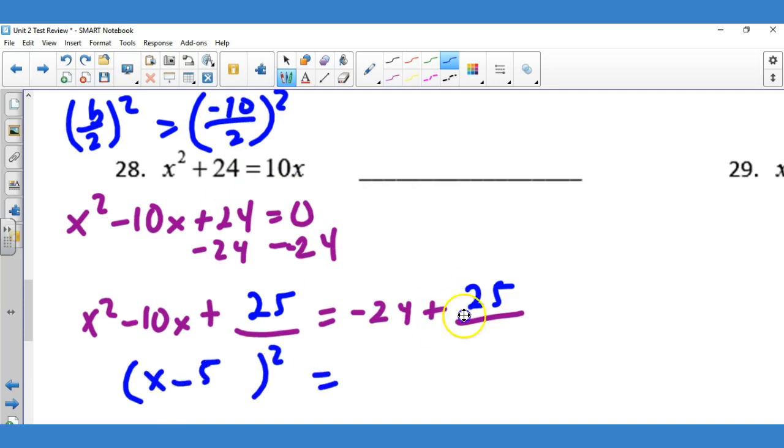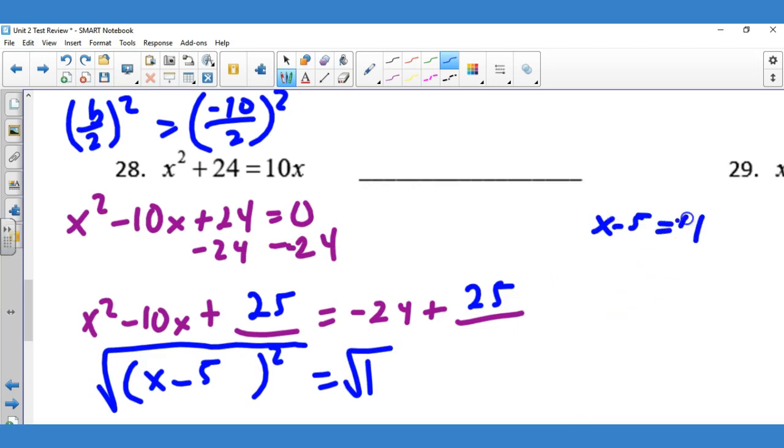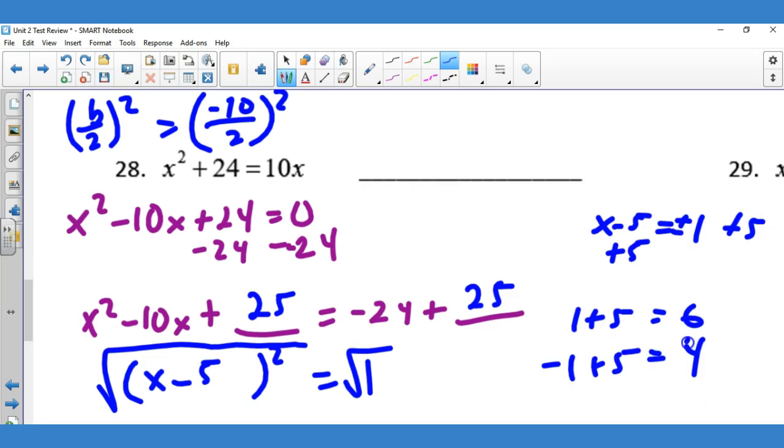And right here, negative 24 plus 25 is 1. Now we've got to get rid of that square, so we take the square root on both sides. And we have x minus 5 equals plus or minus 1. Now, add 5. So we have 1 plus 5, and we have negative 1 plus 5. Those are our two solutions right there. That is equal to 6 and 4.